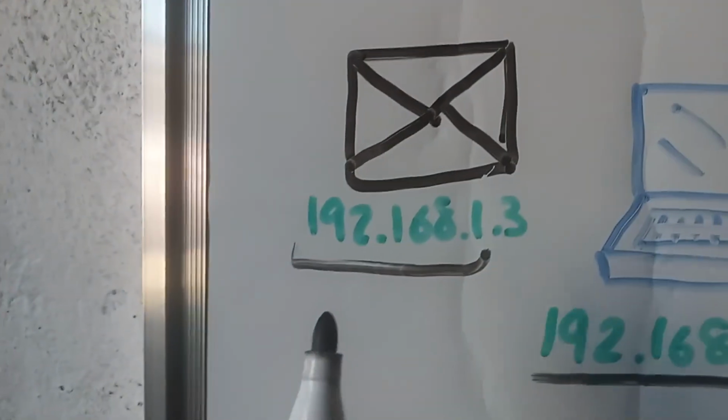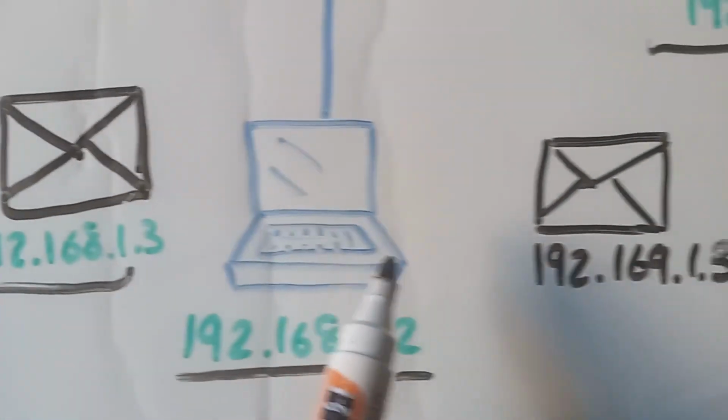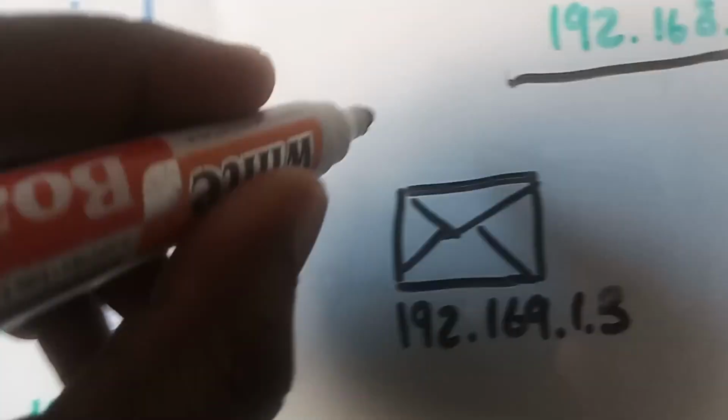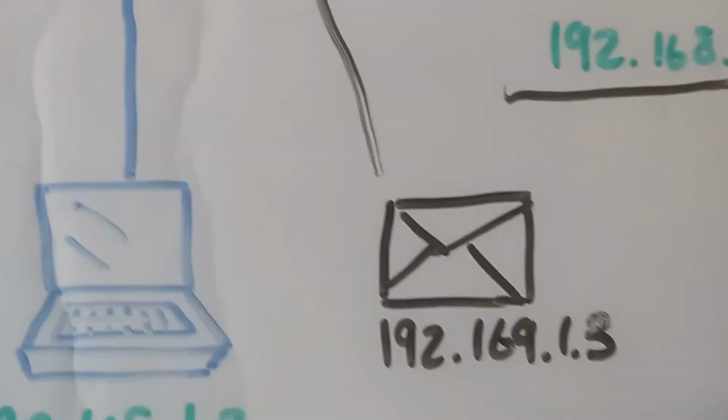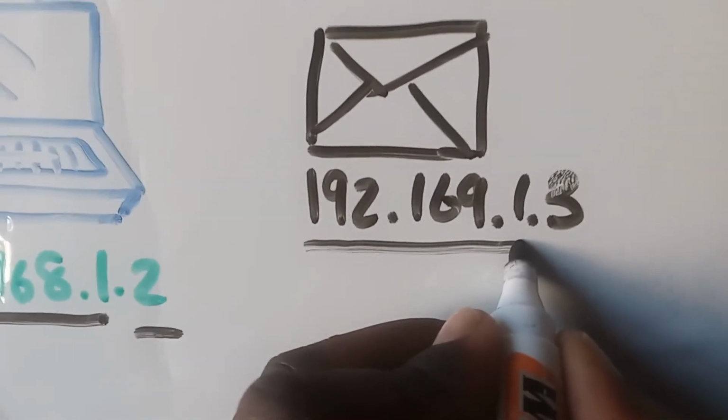But in a different situation, where this laptop was supposed to send a data packet to a device that is outside the network, same thing would happen. The data packet would travel all the way to the router. The router takes a look at the data packet and sees that the first three digits are completely different.